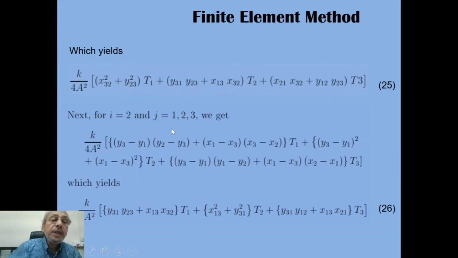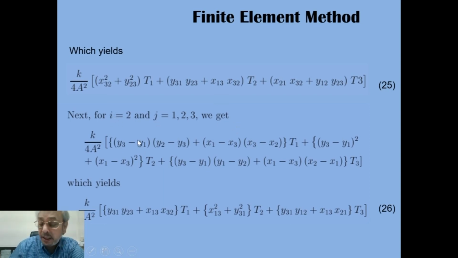If we reorganize that, we can clearly see it is basically T1 together with its coefficients, T2 together with its coefficients, and T3. Now i equal to 2 and j equal to 1, 2, 3.